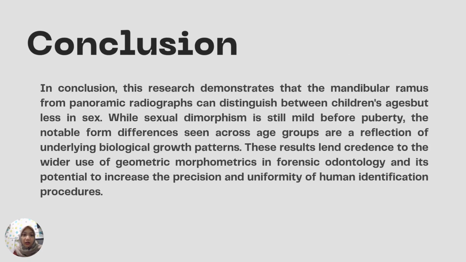In conclusion, this research demonstrates that the mandibular ramus from a panoramic radiograph can discriminate between children of different ages, while sexual dimorphism is still mild before puberty and not notable across age groups, reflecting underlying biological growth patterns.